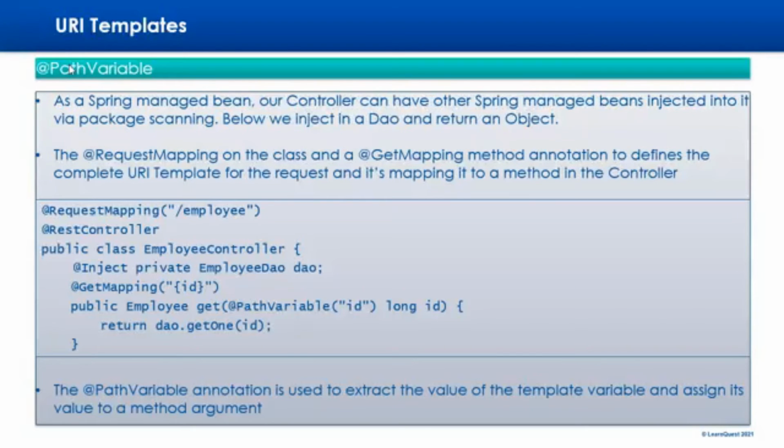So we extract that, pass it through converters, in this case to a long, and then we use that long to delegate down to the root context in the DAO to return an employee object. That employee object is then going to go through converters, into a textual representation of that object, i.e. JSON.